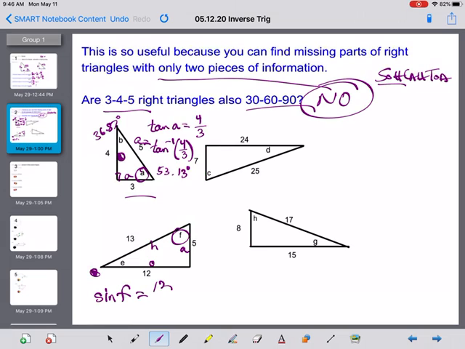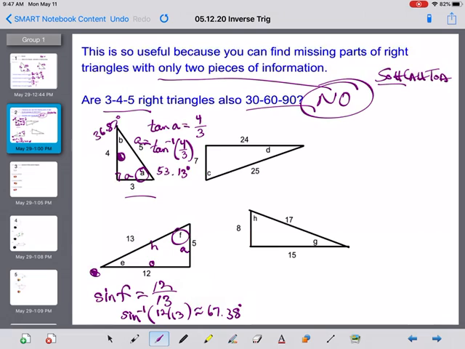So the opposite leg over hypotenuse is 12/13. So now inverse sine of 12/13 in the calculator is about 67.38 degrees.